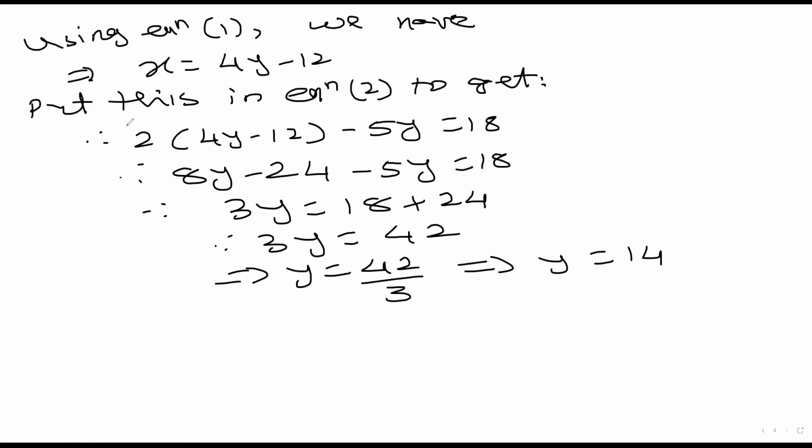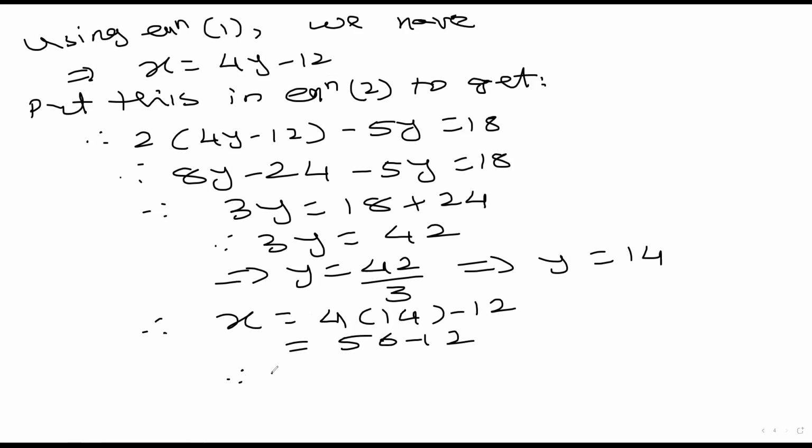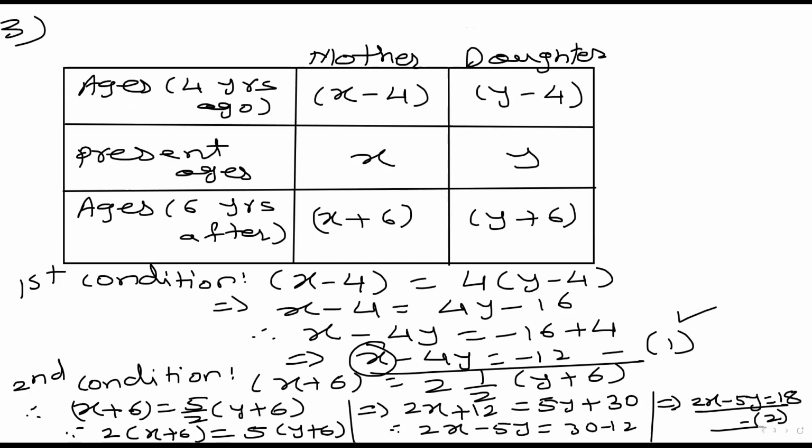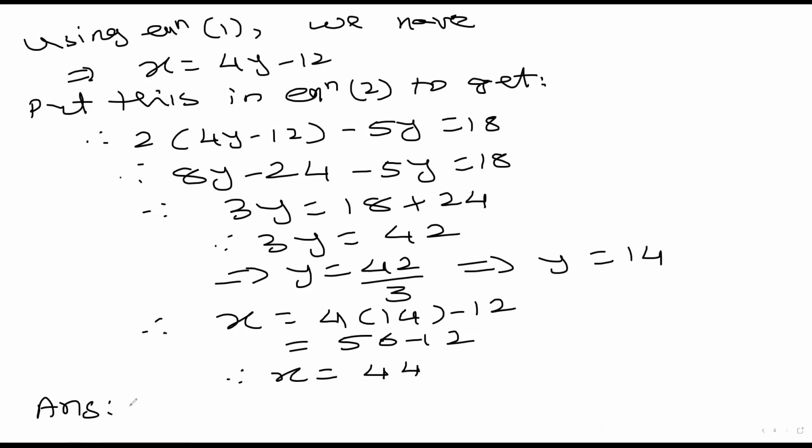Now if you get y, you can substitute in this equation, right? So this means x is equal to 4 into 14 minus 12. 14 fours are 56. 56 minus 12. How much? X will be 44. Right? So write down the answer. What was X basically? Mother's age, right? Write down mother's present age.